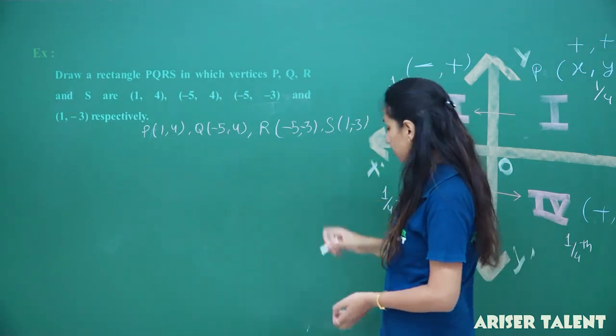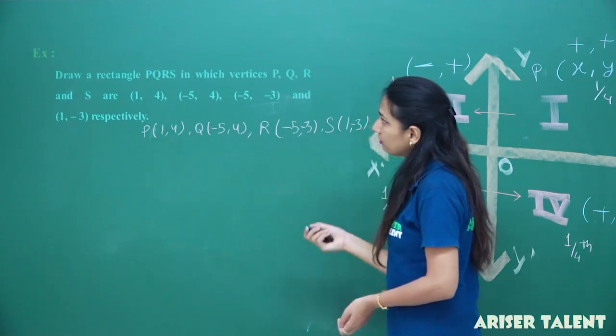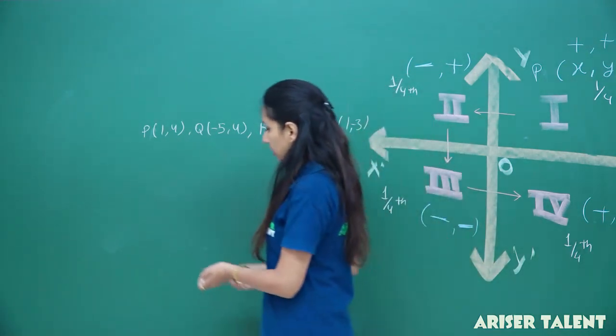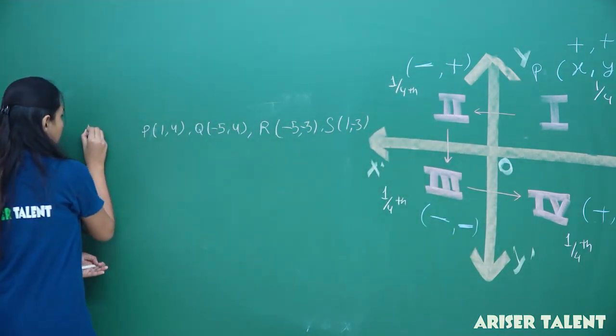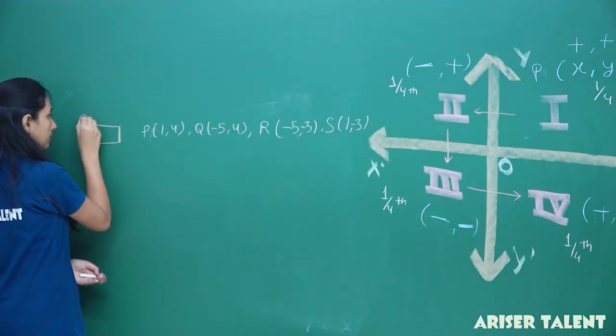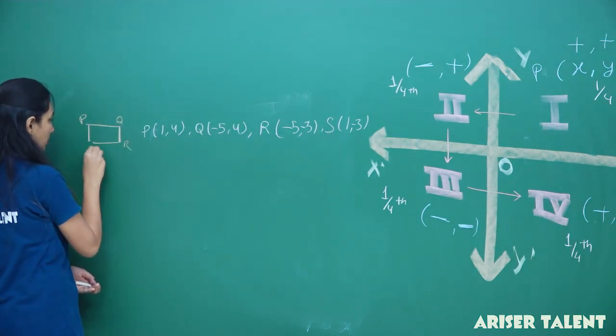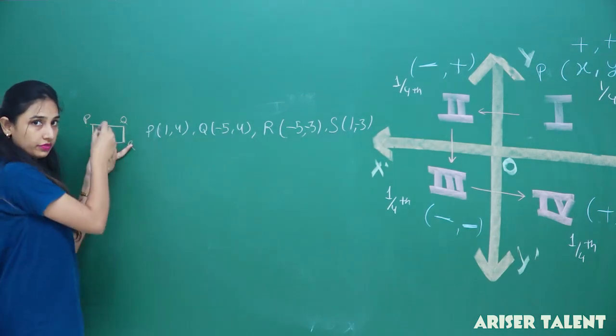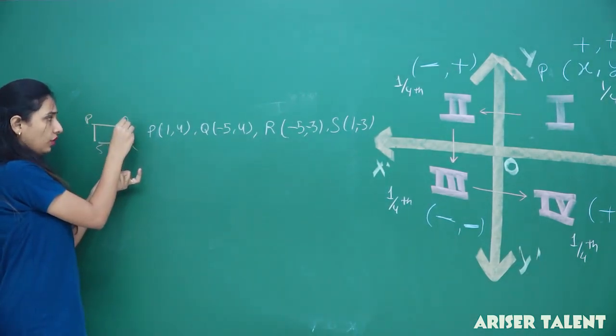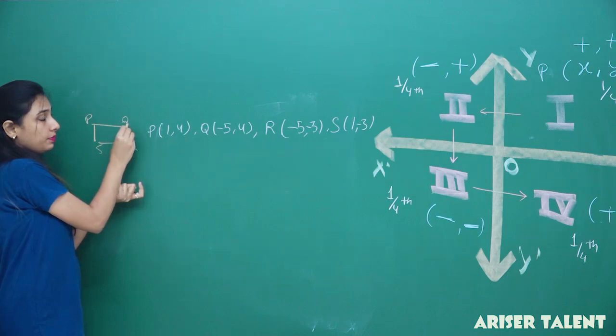PQRS, right? So this is basically the question. We are having a rectangle PQRS. We are not sure whether this is P or this is Q, sorry, this is P and this is Q.